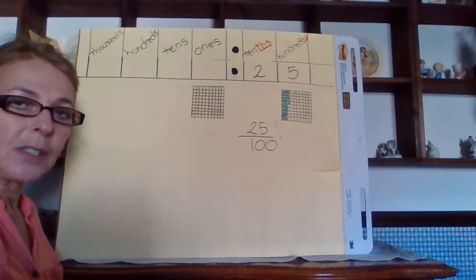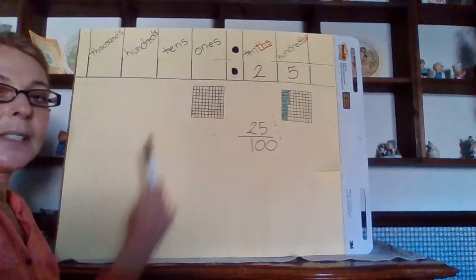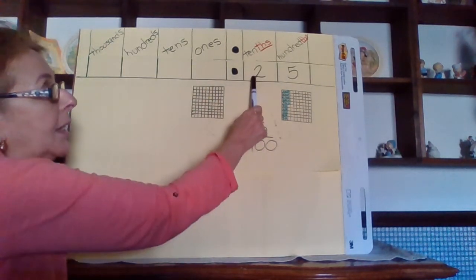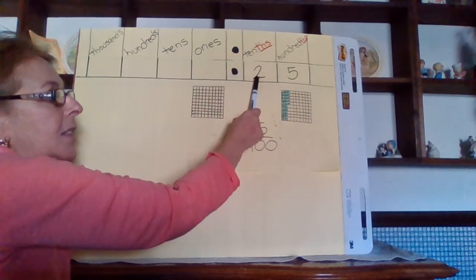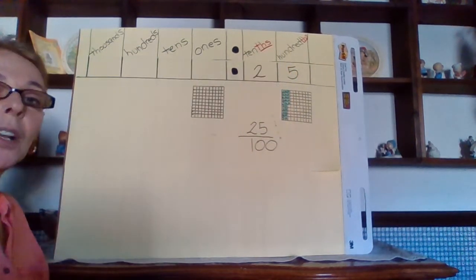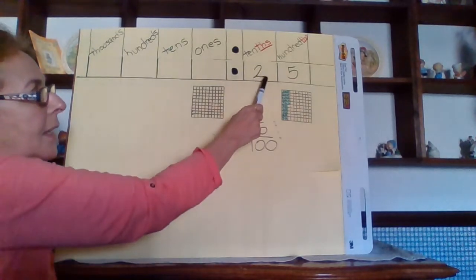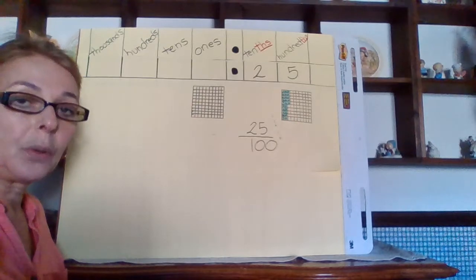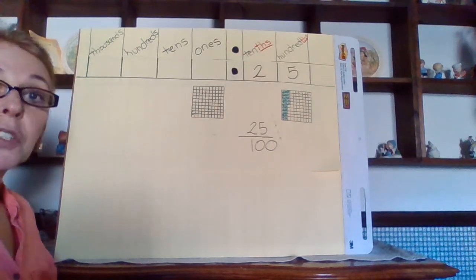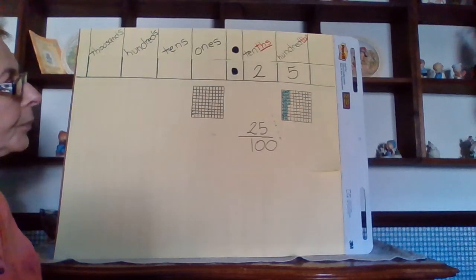And when we read our decimal numbers, we don't usually say point. We would read it as 25 in the hundredths place, 25 hundredths. So we see, again, decimal, fraction, equivalent. Now, let's do another example.